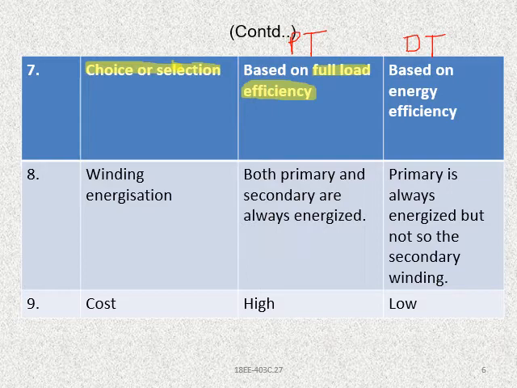And the distribution transformer is based on energy efficiency, that means all day efficiency. It should be considered all day efficiency and has to be chosen or selected. Just make a note of this.